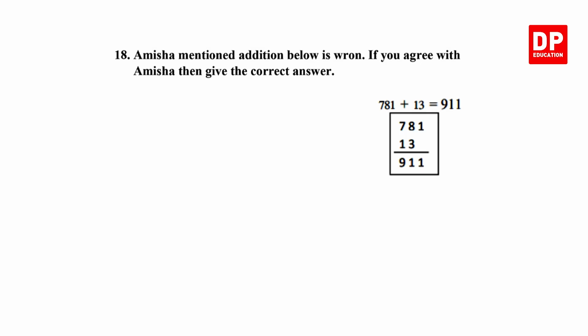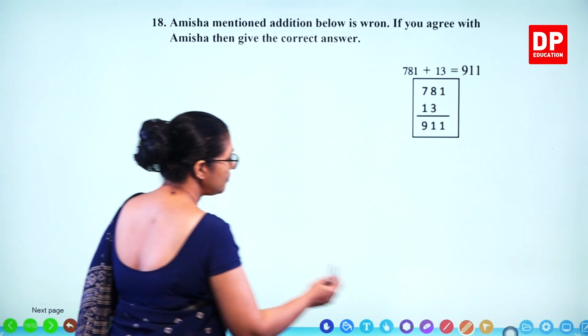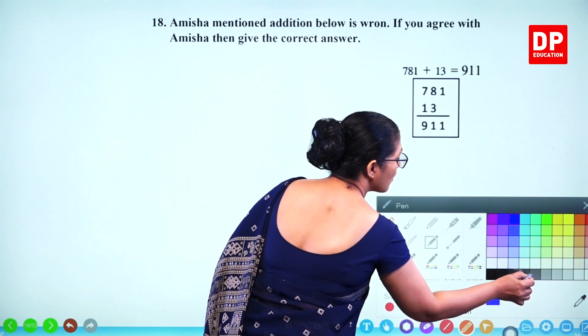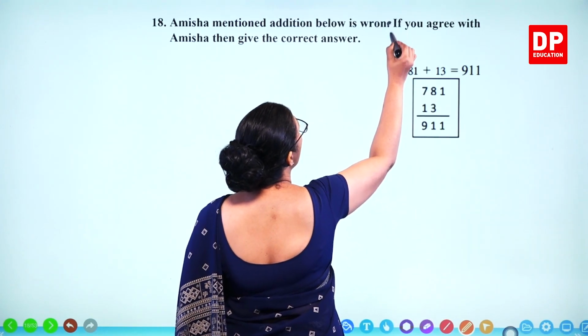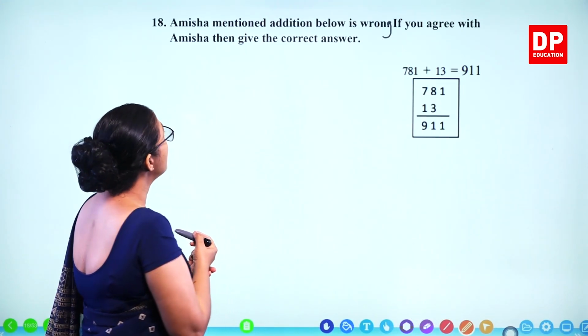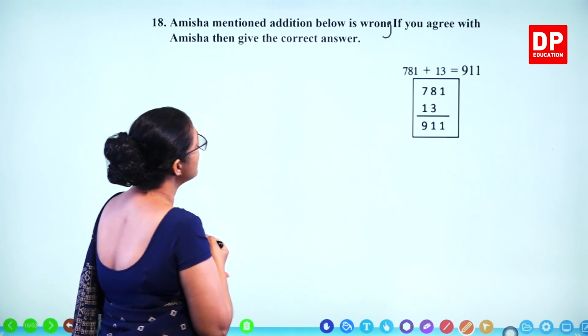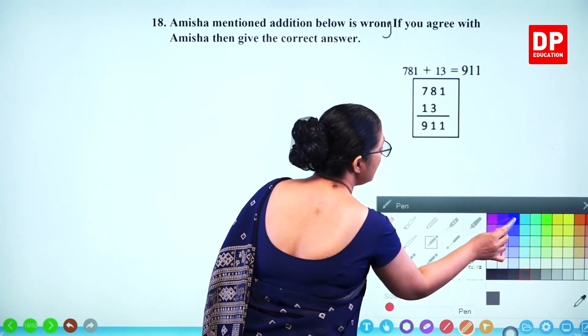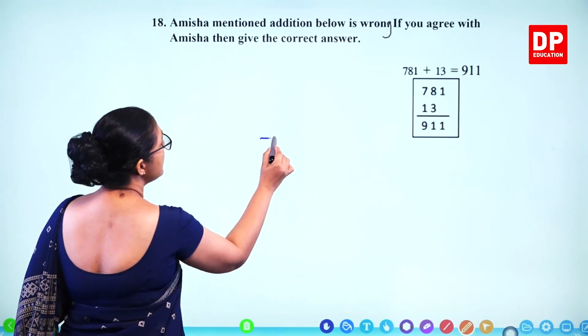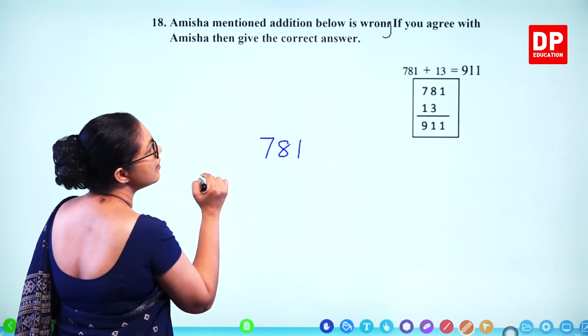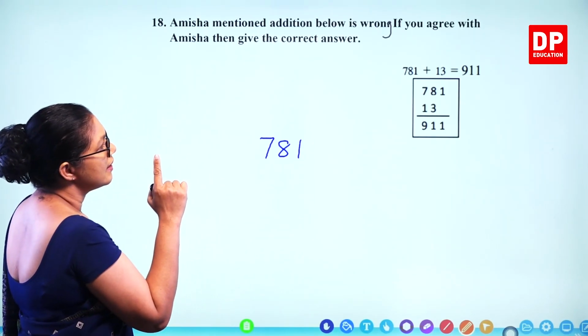Question number 18. Amisha mentioned the addition below is wrong. If you agree with Amisha, then give the correct answer. Let's see. 781 plus 13.